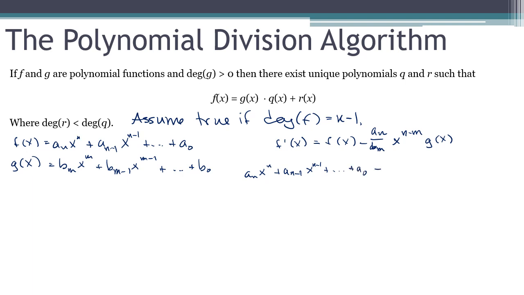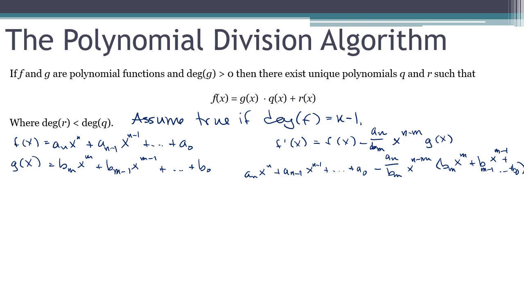And this is minus a sub n over b sub m, x to the n minus m, times g, and g is b sub m x to the m plus b sub m minus 1 x to the m minus 1 out to b sub 0.